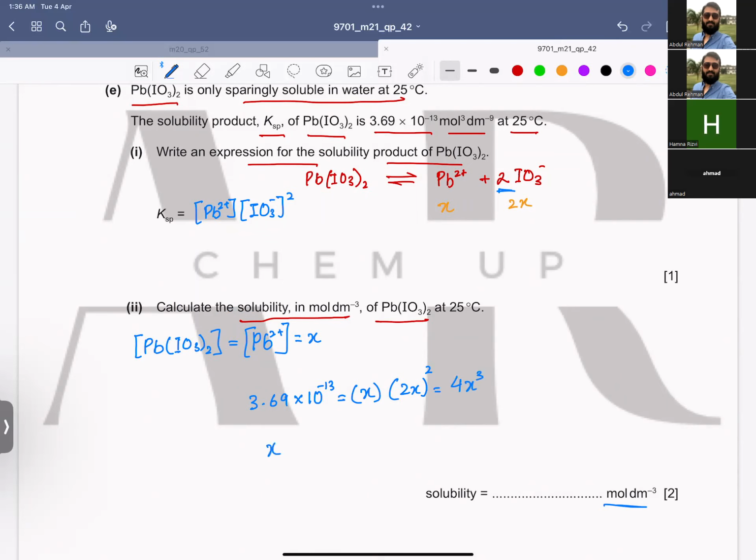So if I find x, x would be the cube root of 3.69 × 10^-13 over 4. Is this clear?